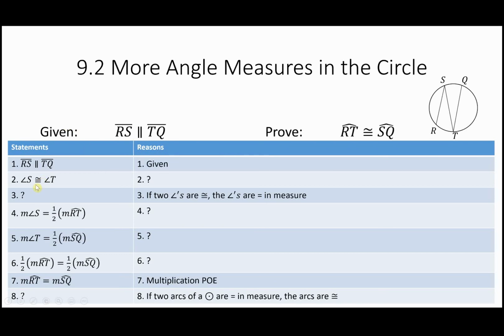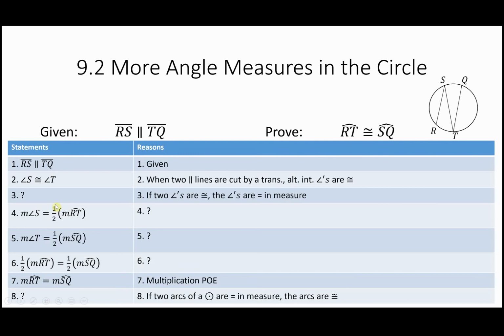Next, the author of this proof claims that angle S and angle T are congruent. And that's because when parallel lines are cut by a transversal, alternate interior angles are congruent. Notice that these are simply alternate interior angles that were formed when two parallel lines, RS and TQ, were cut by transversal ST.